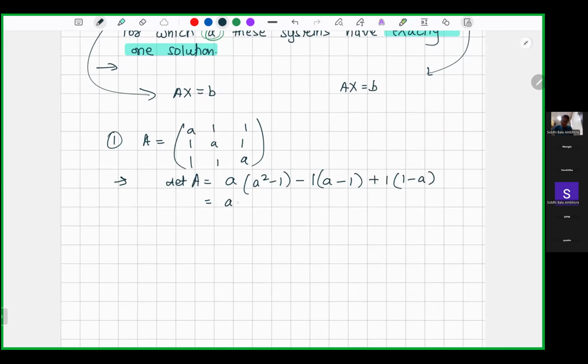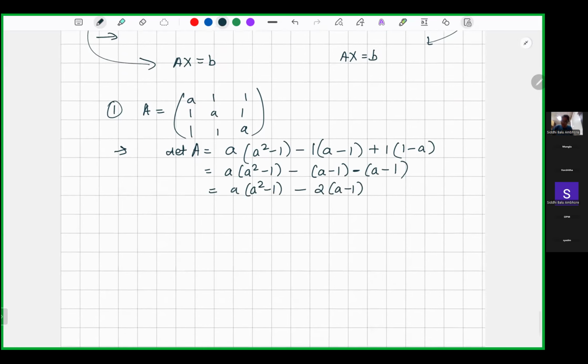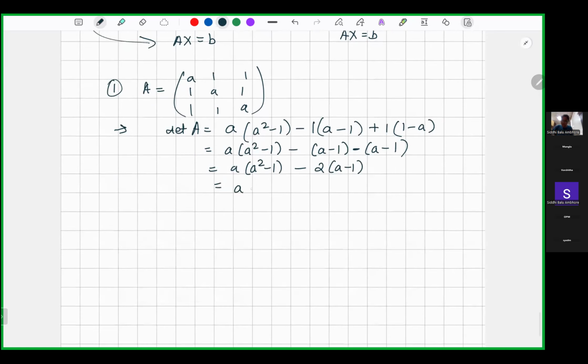So this is A into A square minus 1, minus this is A minus 1, this is minus A minus 1. So this is A square minus 1 minus 2A minus 1. So A square minus 1 is A plus 1 times A minus 1, minus 2A minus 1.